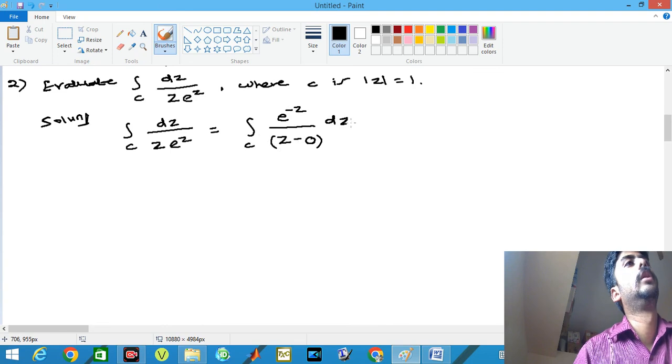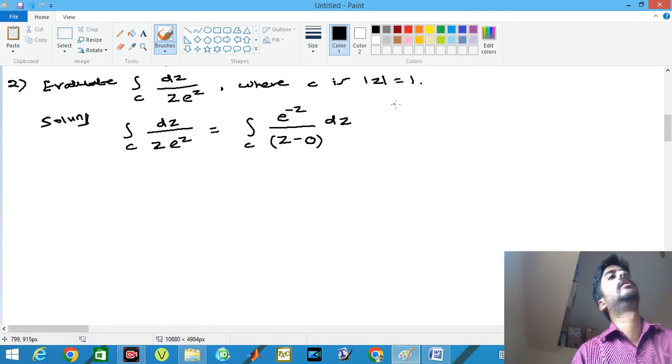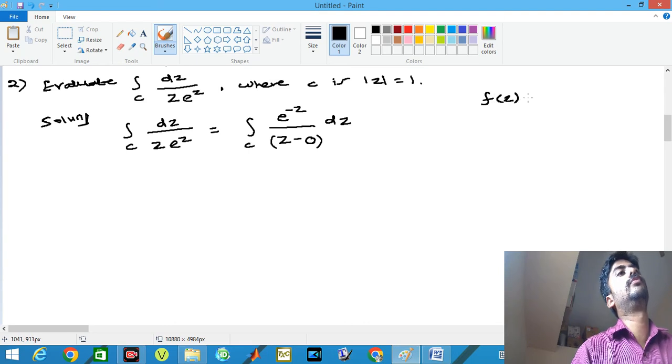So here f of z equal to e power minus z. From z minus a we can tell a equal to 0, therefore f of a equal to f of 0 equal to e power minus 0, which is 1.